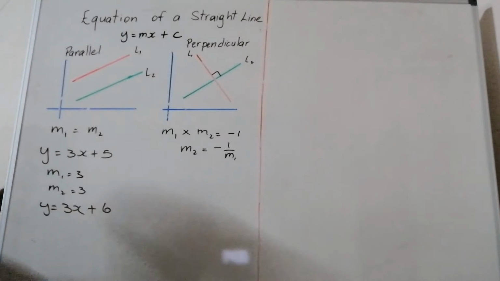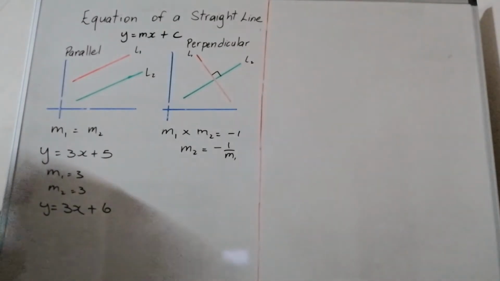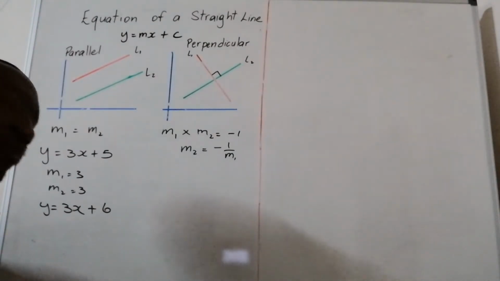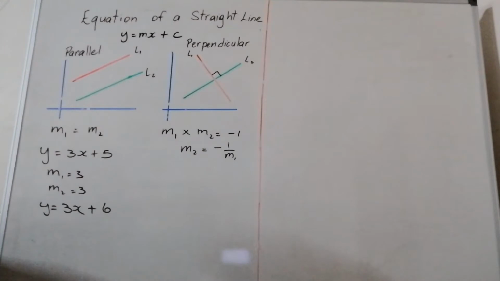In other words, the gradient of line 2 is the negative reciprocal of line 1. Let me make it easier. All we need to do is upturn and change the sign.